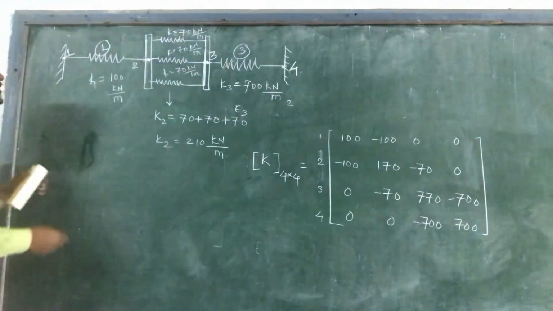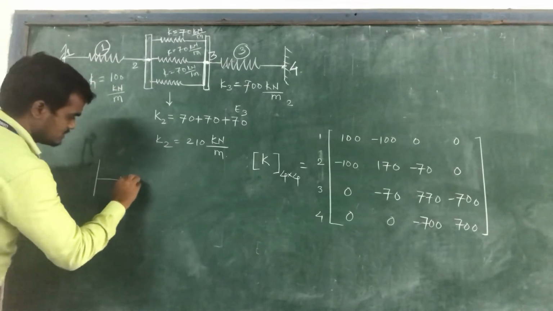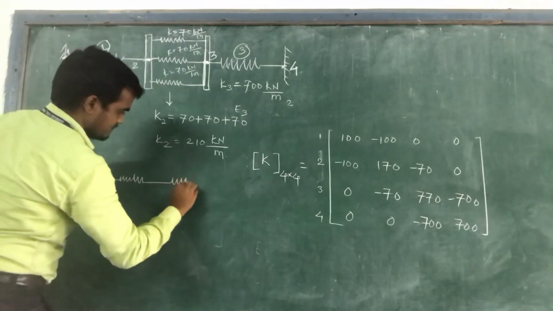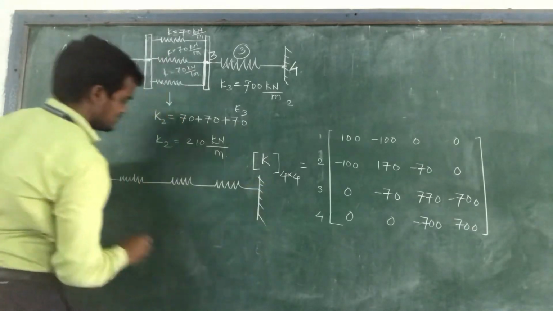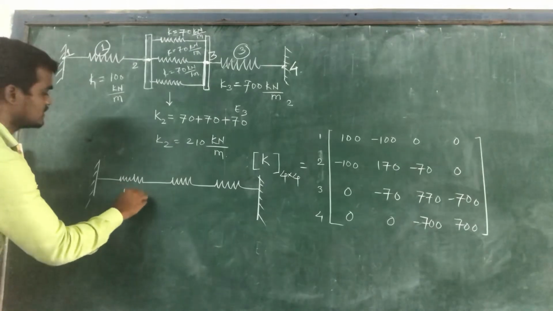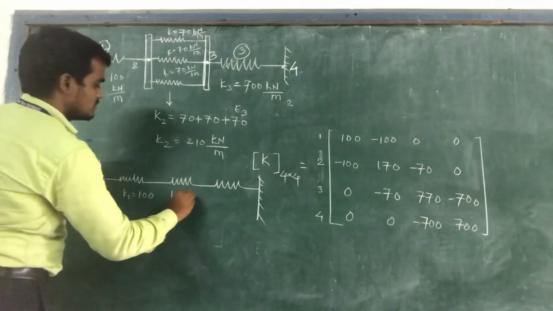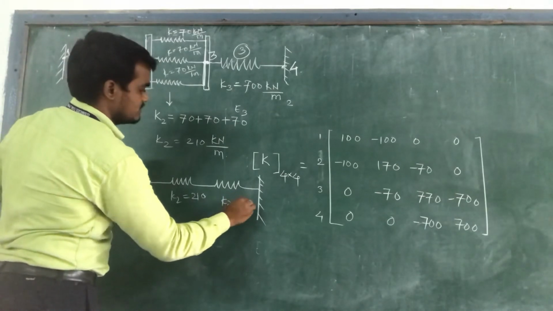Okay. Now this system looks like your 3 spring system. And we have already constructed the global stiffness matrix for this spring system with K1 equal to 100, K2 now changed to 210, and K3 equal to 7.